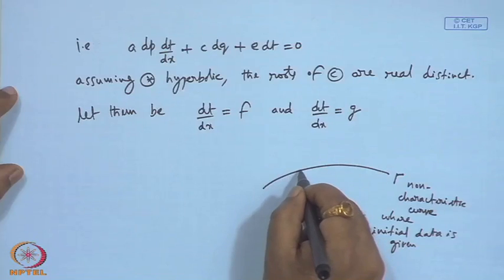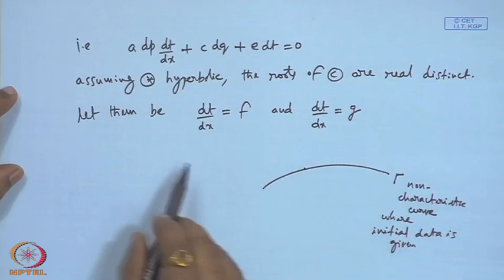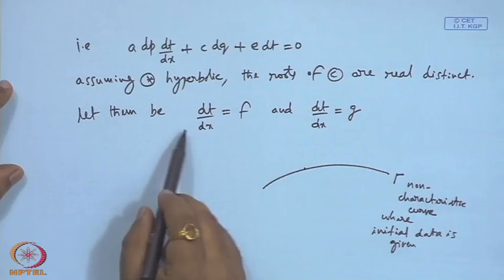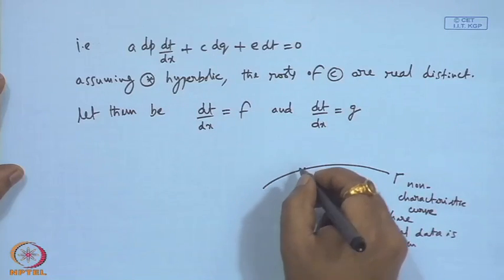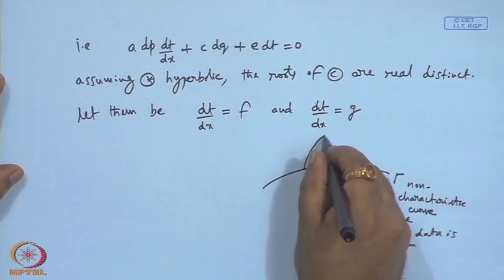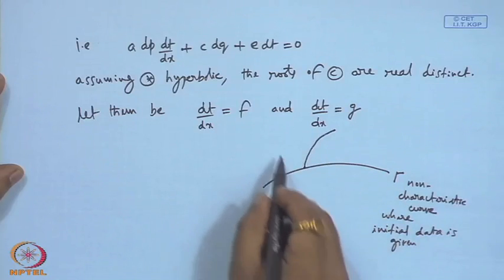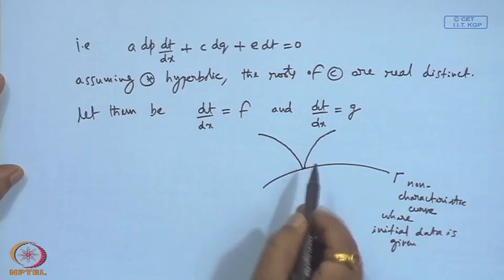Now, at each point we have two characteristics and we call them f characteristic and g characteristic.